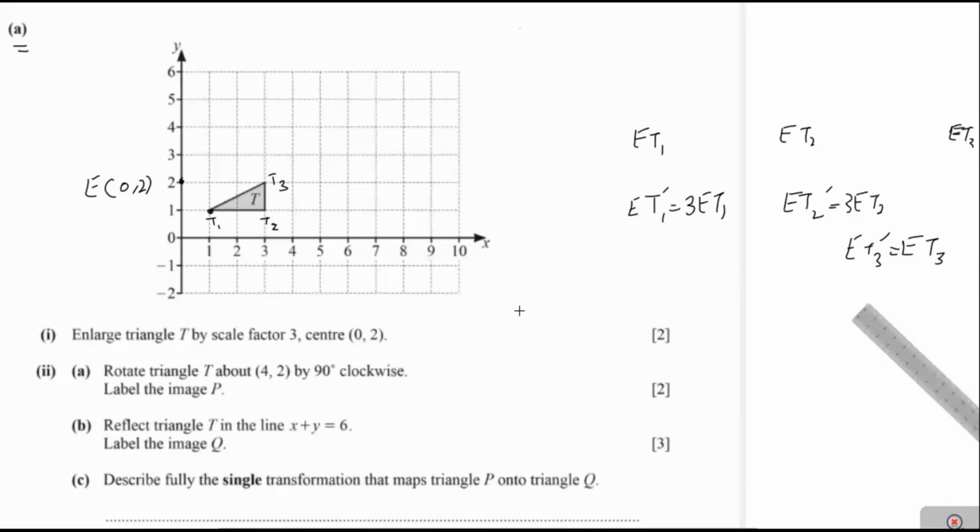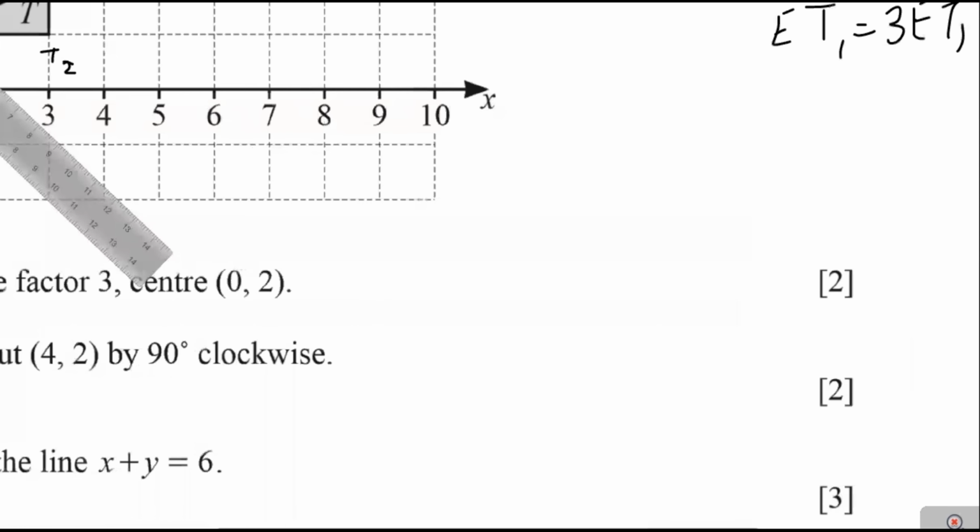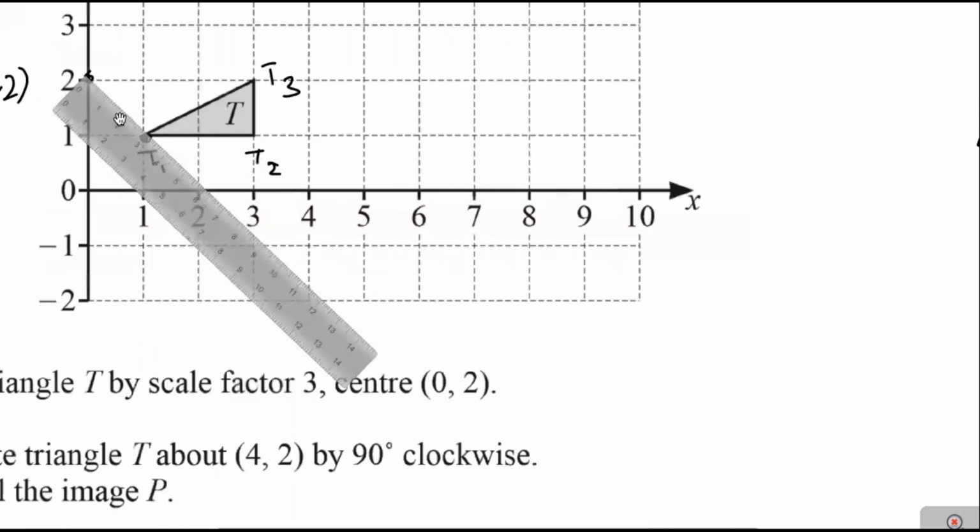Now we can find these points using the scale. This is the scale, and from E we mark the points T1 dash, T2 dash, and T3 dash. Now you see here the distance from E to T1 is 3 units, and we move 3 units more.